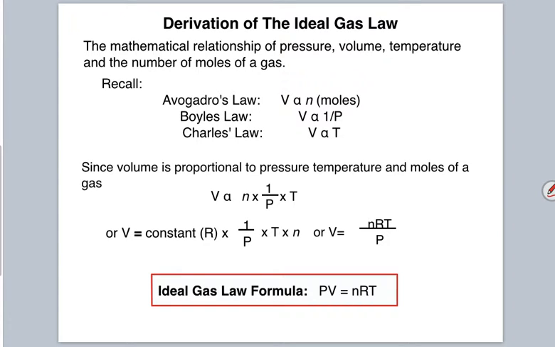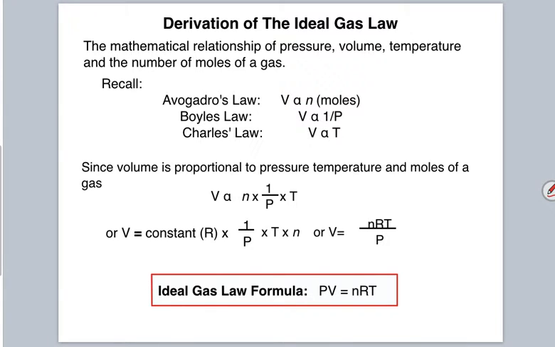And so the ideal gas law makes use of those three laws that we talked about before. Before, we looked at Avogadro's law. Avogadro's law said that the volume of a gas varies directly with the number of particles, or moles, of a gas, right? More gas particles means more volume. Yeah, that's a big no-brainer.